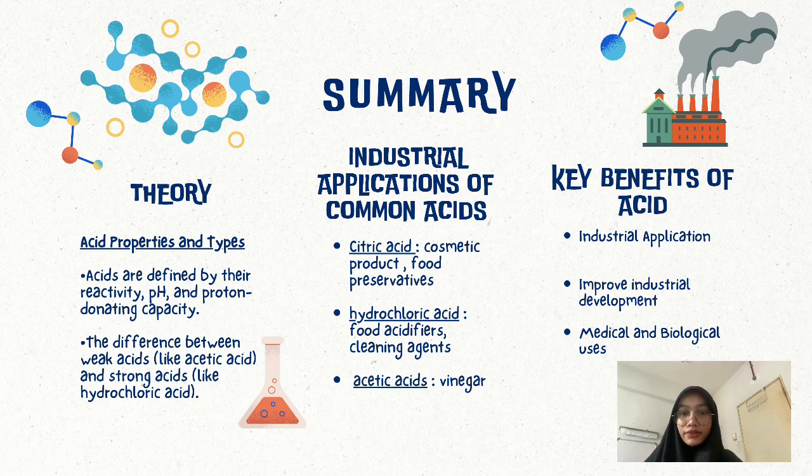Understanding the use of acid in industry also provides several key benefits. Firstly, it helps in industrial application and improves industrial development. Industry can reduce wastage and energy consumption by selecting the proper acid for cutting processes. And finally, acid also benefits medical and biological use.